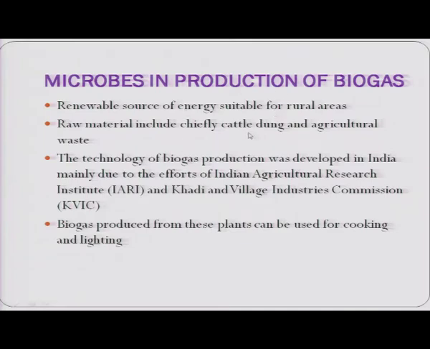For example, cattle dung and agricultural waste, manures, dry leaves, these all will be the raw material for a biogas plant. The technology of biogas production was developed in India mainly due to the efforts of Indian Agricultural Research Institute, IARI, and Khadi and Village Industries Commission, KVIC. Biogas produced from these plants can be further used for cooking and lighting purposes.